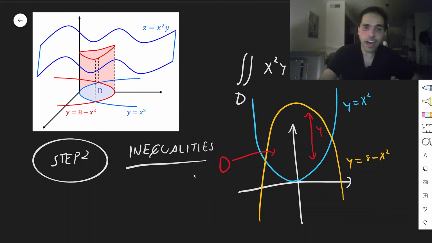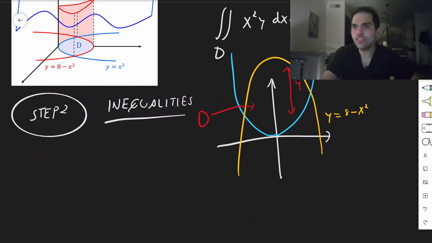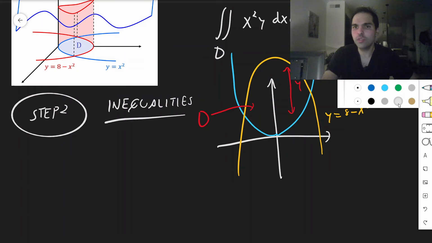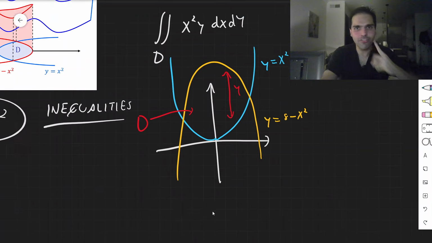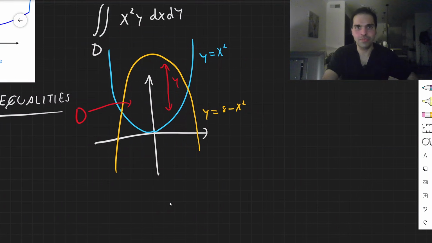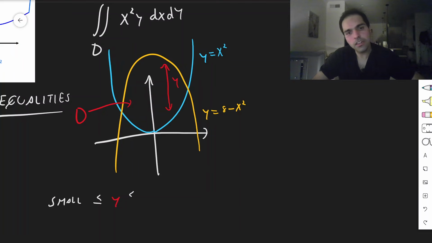So this is y, and notice y is really trapped between two functions, a bigger function and a smaller function. So y is between small and big, or top and bottom.